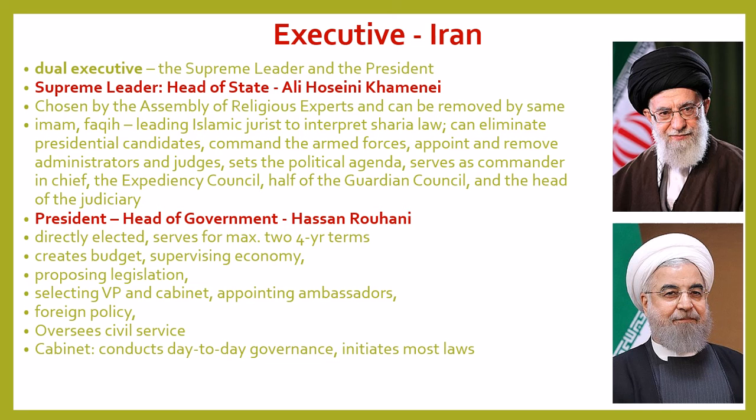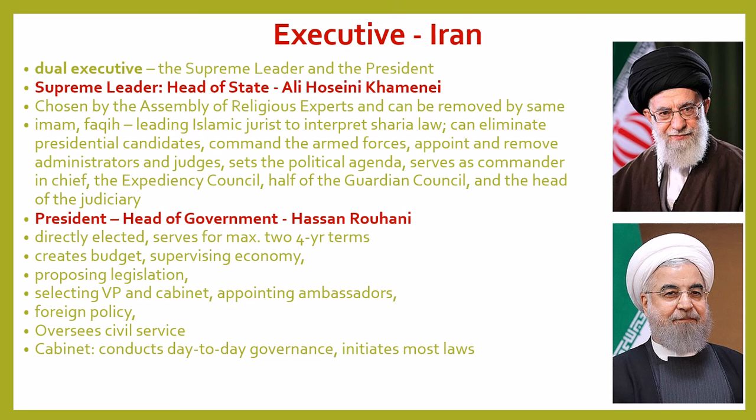He kind of heads up the Expediency Council. He appoints half of the Guardian Council and is the head of the judiciary. So we do see a lot of bleeding here, just like we saw in Nigeria, a lot of bleeding here in the judiciary. So the president currently is Hassan Rouhani.